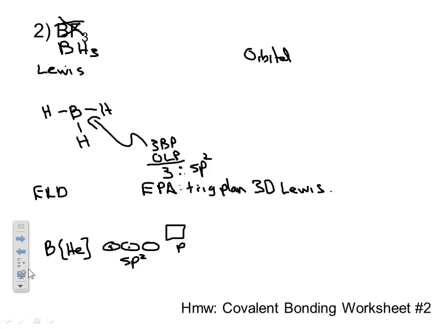Valence electrons: 1, 2, 3. We don't have any more electrons, so we can't do anything with it. We're bonding hydrogens to it. 1s, that's overlapping like that. That's a sigma bond. 1s, overlap like that, sigma bond. 1s, overlap like that, sigma bond. And there's our three sigma bonds with those sp2 hybrid orbitals.